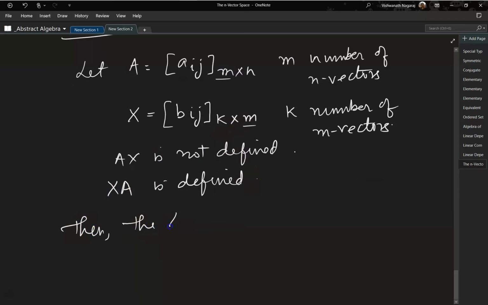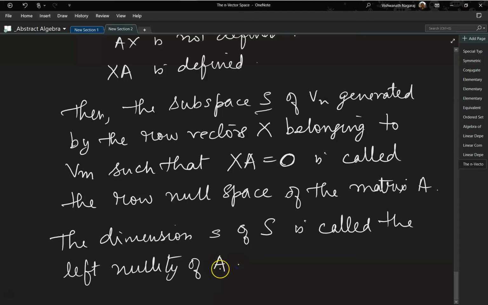So then the subspace S of Vm generated by the row vectors x belonging to Vm such that Xa is equal to 0 is called the row null space of the matrix A. The dimension of the subspace S is called the left nullity of A. Why left nullity?